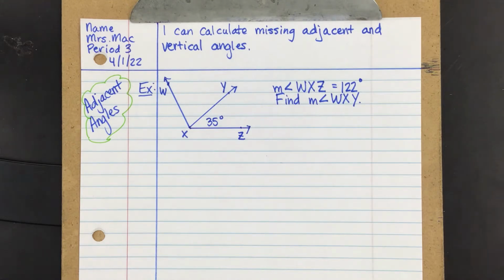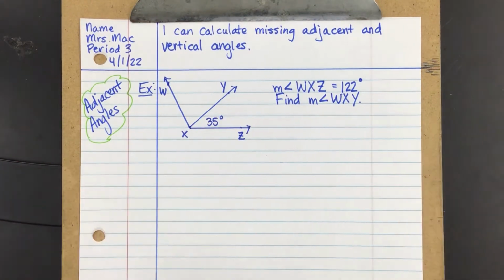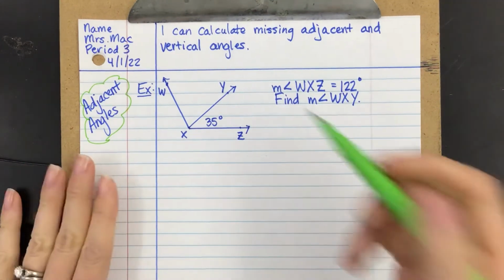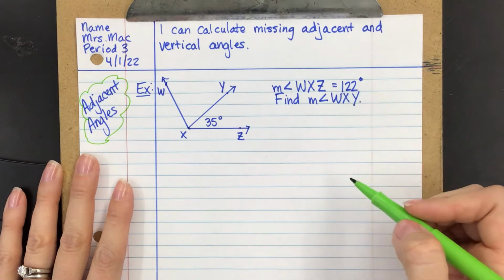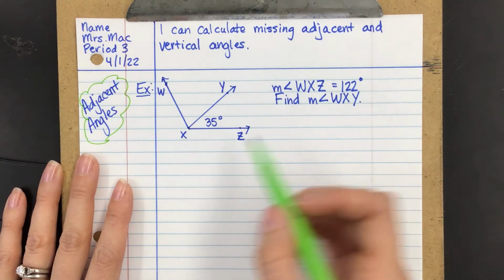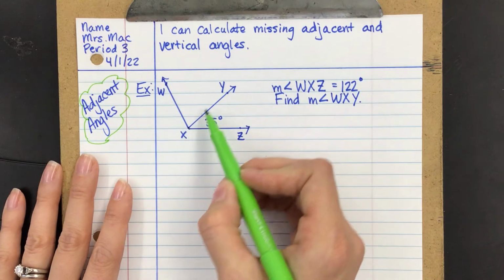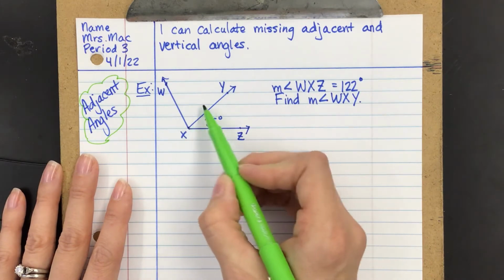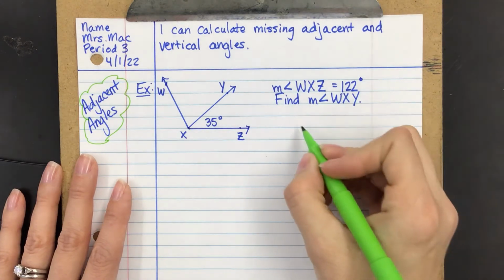All right, let's talk about this. These are adjacent angles, meaning that they're right next to each other. And the measure of the whole angle, WXZ, is 122 degrees. And we want to find the measure of angle WXY, so this angle right here. So just like we did for supplementary and complementary, we are going to subtract.